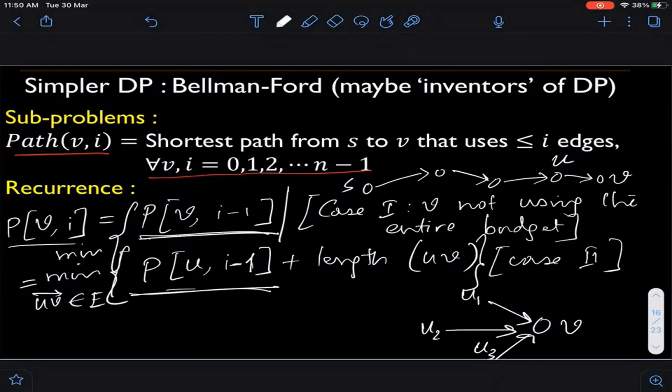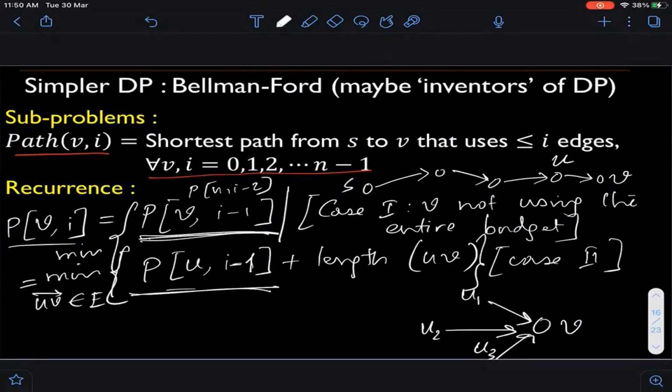The first thing is needed. What do you mean? You can reach here by maybe through pu comma I minus 2, right? Yeah, but of course it's been considered for a smaller I, but you have to consider that solution, right?